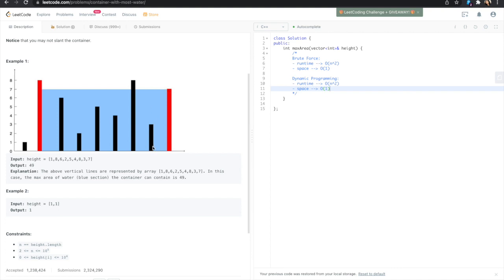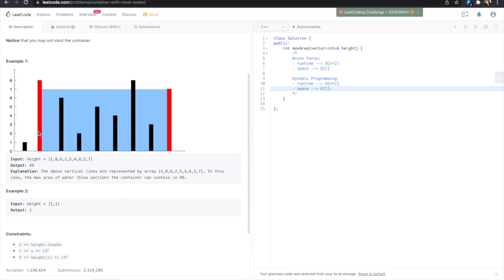Where it's a smaller height, the width is going to be less. And since this height and this height are both bigger than this, it doesn't really matter because it's all constrained by this one thing. So we don't even need to check the amount of water contained here. We can just stop here and we know that at this starting point, the maximum amount of water that we can have is just this.